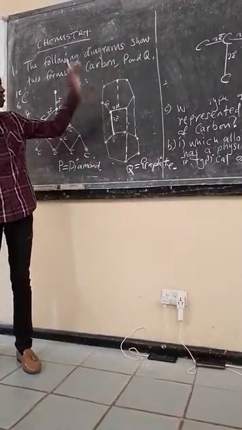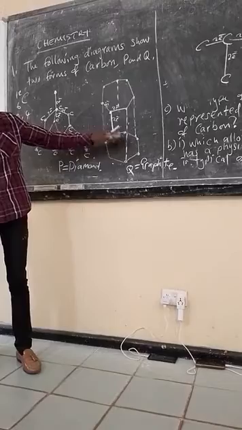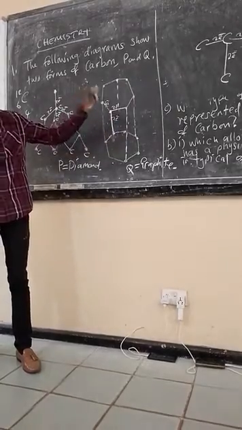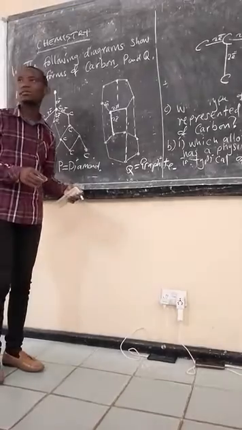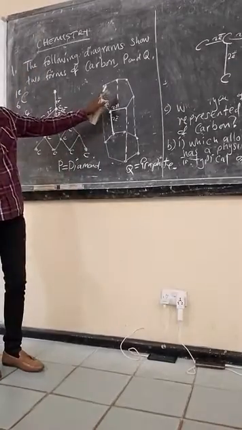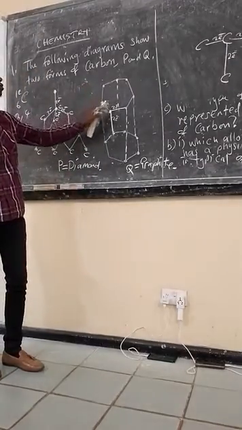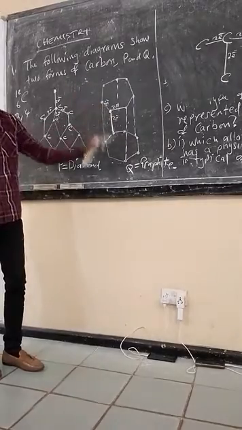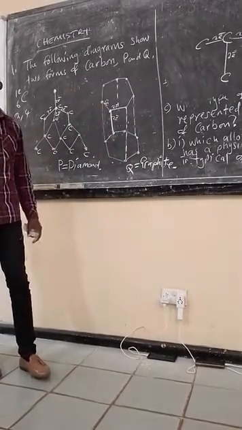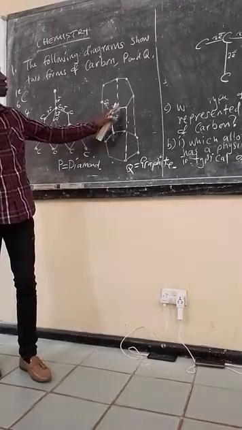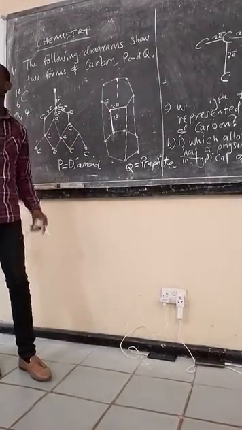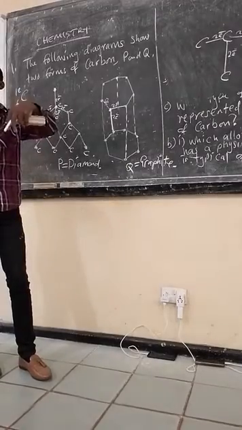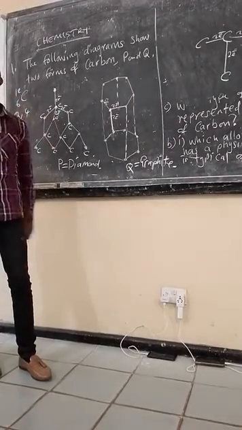Apart from that, graphite is also used as a conductor, as an electrode. So graphite is used as a conductor because it conducts electricity, and it's a good electrode. An electrode is just a substance which conducts electricity.